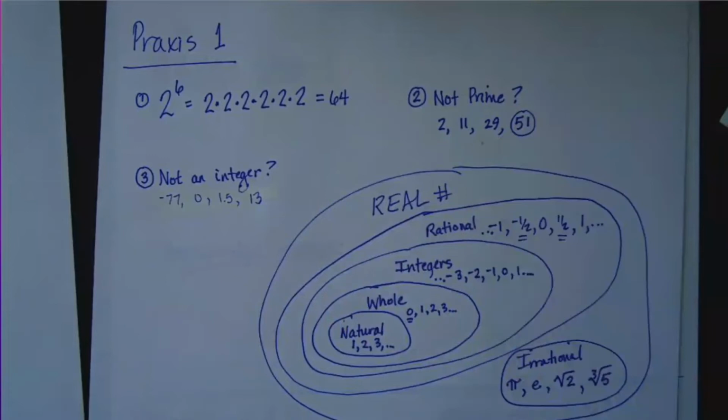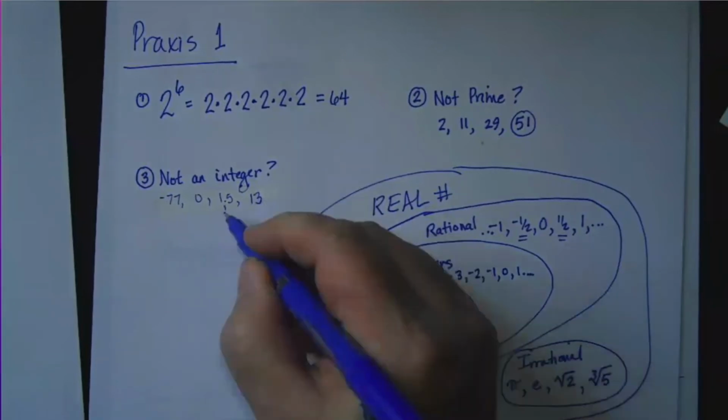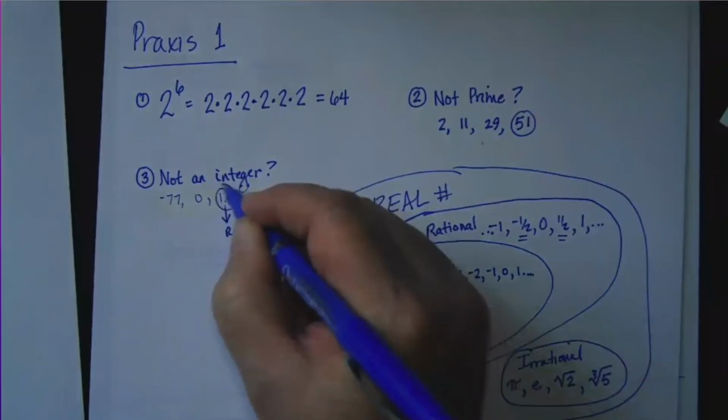Okay, so now which one is not an integer? Remember, integers are only positive and negative whole numbers and zero. So if we see any fraction, that is a rational number, so it is not an integer.